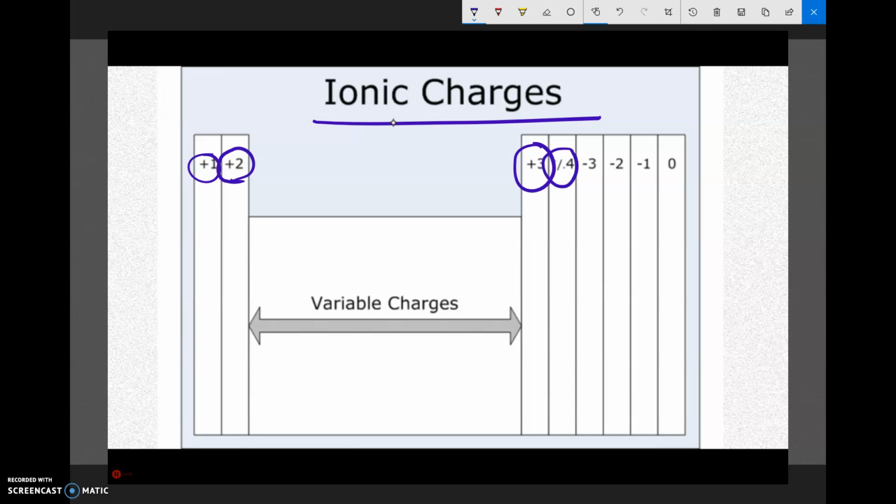Group 15 is a -3, 16 is a -2, and 17 is a -1 because it wants to gain electrons. What you've noticed is that the ones that are positive are metals, the ones that end up losing electrons, and the ones that want to gain electrons are non-metals on the periodic table. Kind of interesting that it does that.